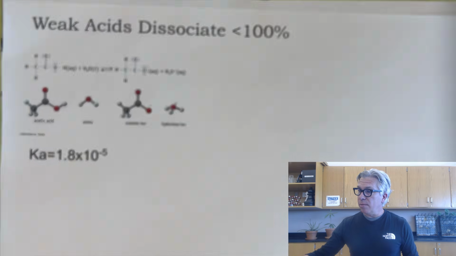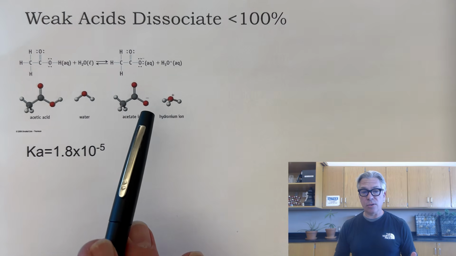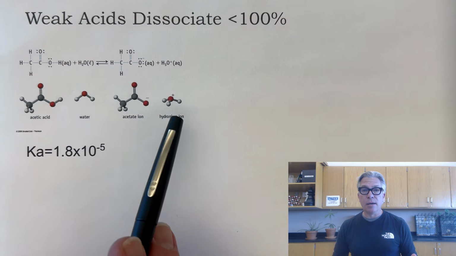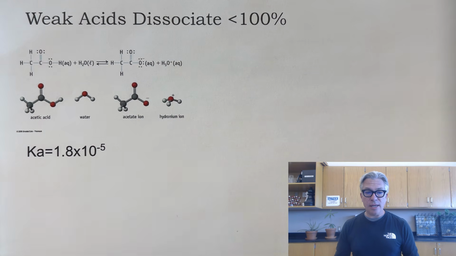And weak acids, because of their structures, end up dissociating less than 100%. So maybe only a small fraction dissociate and make hydronium ions. But those are governed by Ka values, which you can find in tables either in your folder or on the internet or in your textbook.